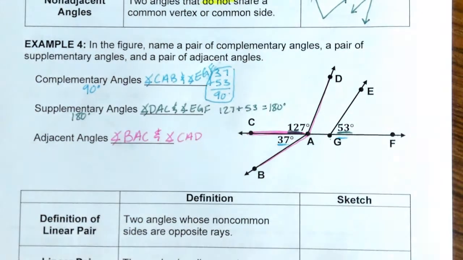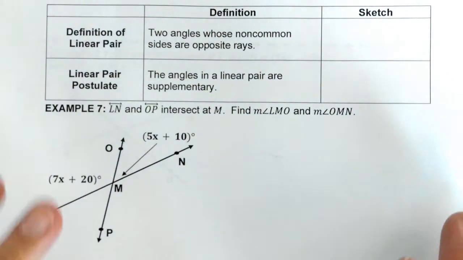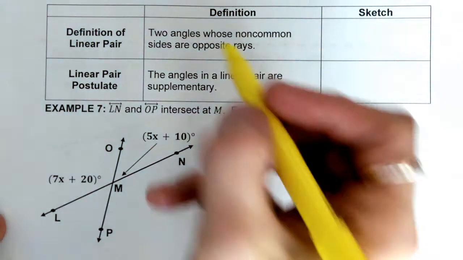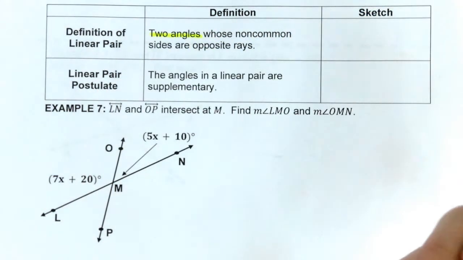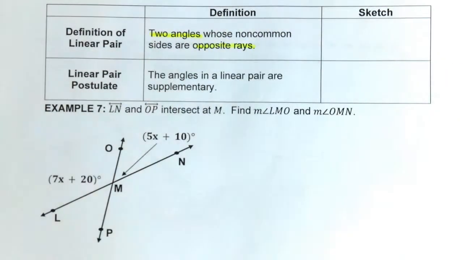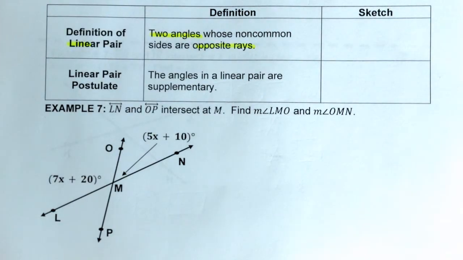The next two vocabulary terms, linear pair. These are going to be showing up all over the place here. Your definition of a linear pair is two angles whose non-common sides are opposite rays. What does this mean? Look at the word linear, the first four letters, a line. So what this means is it's going to be two angles that form a line.